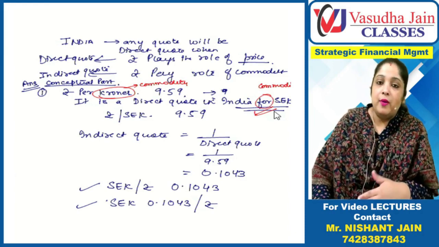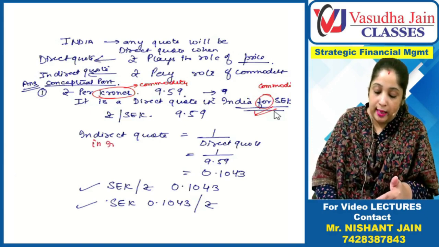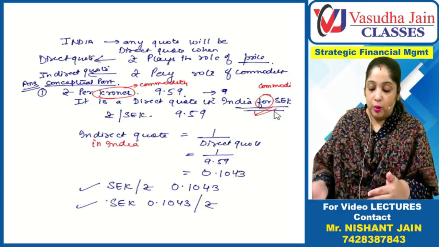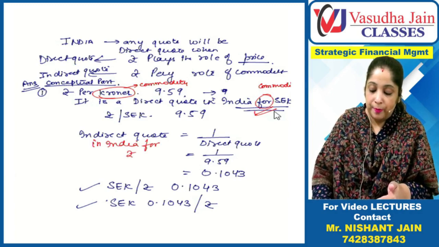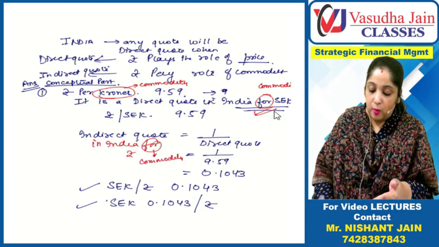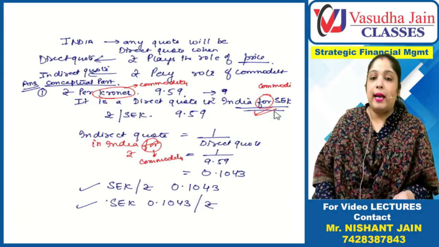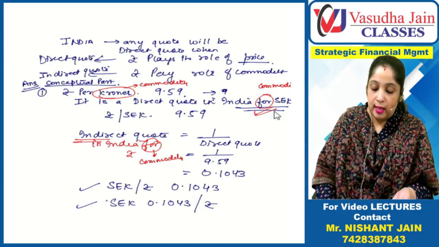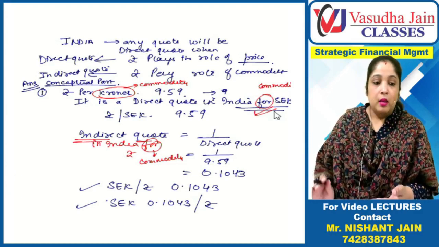And if you want to convert it into an indirect quote in India, how do you convert? You convert it to an indirect quote in India for rupee. Why rupee? Because 'for' always stands for commodity. So now commodity has become rupees. In India, commodity is rupees now. See, so it is an indirect quote in India. So 1 upon direct quote, this becomes it. Have you understood?